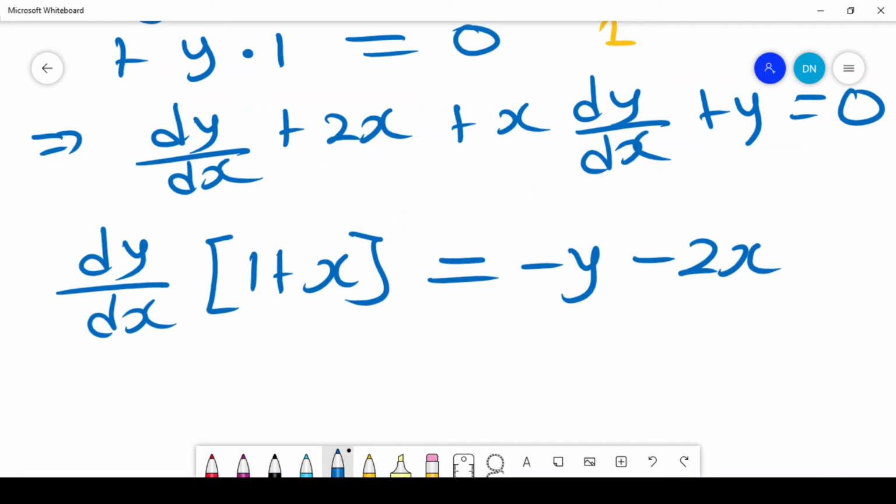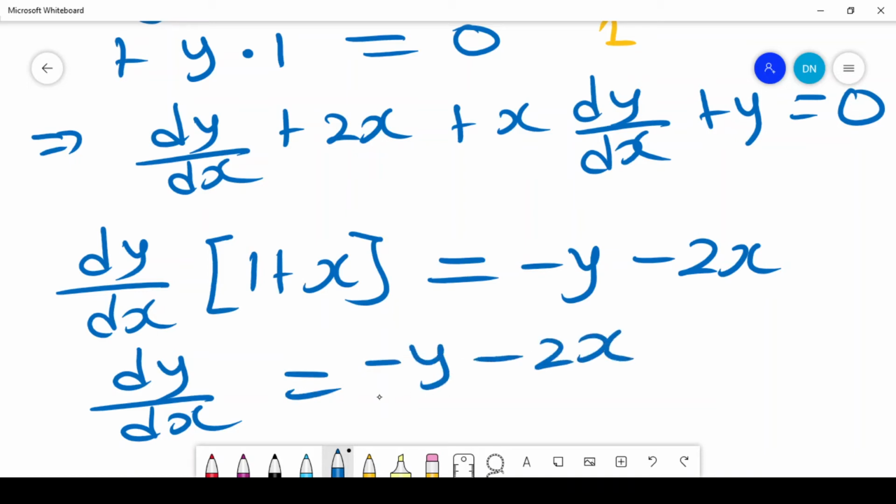So I take 2x and y to the other side of the equation. Therefore, my dy/dx will be equal to (minus y minus 2x) all over (1 plus x).